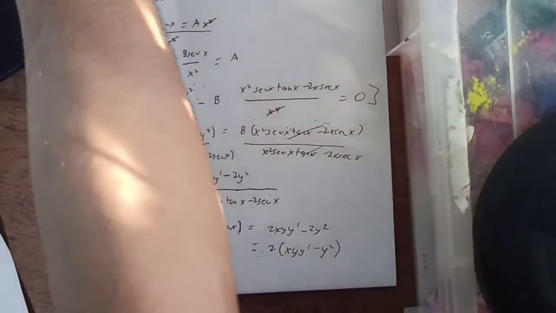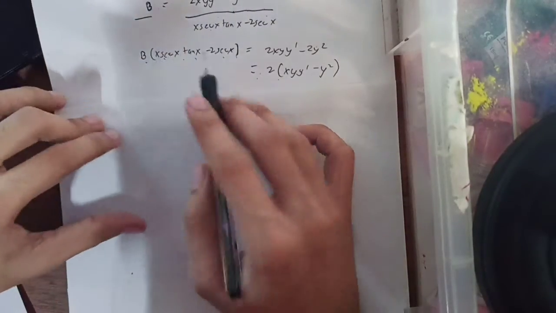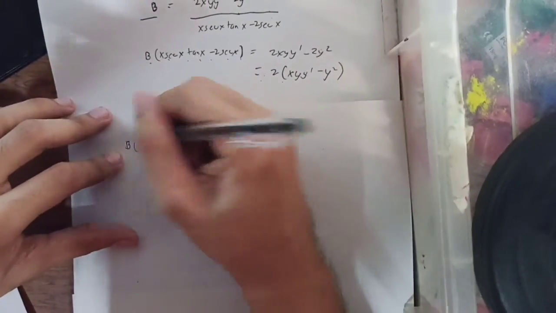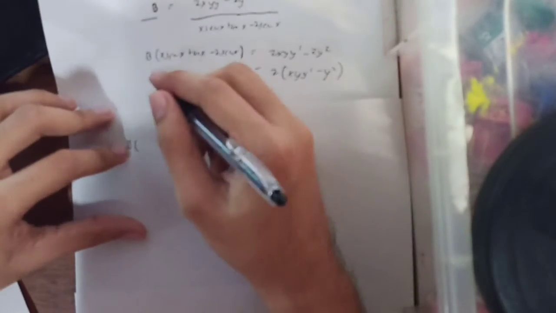So for the second derivative of that, first b is constant, and then the product rule of sec x tan x.